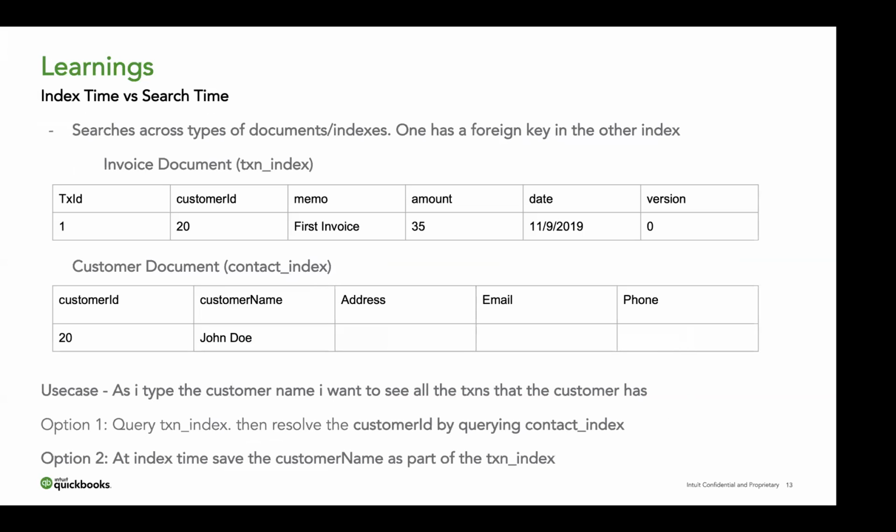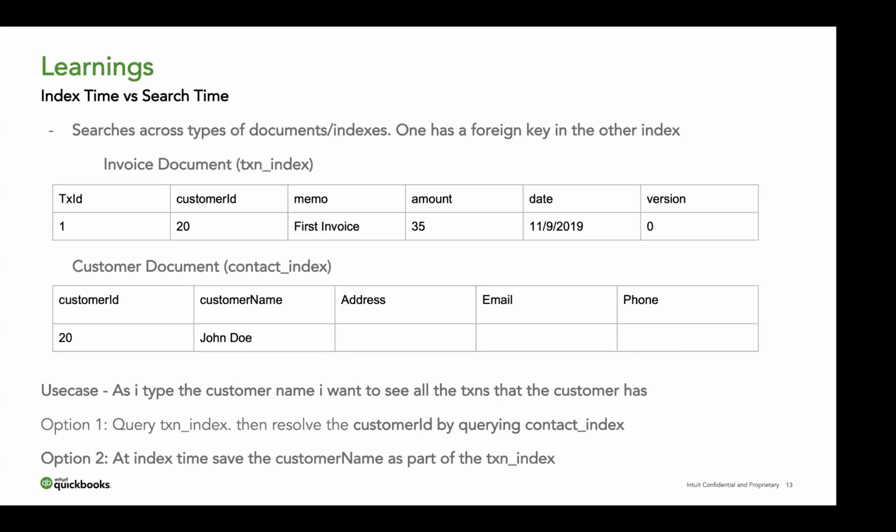The next one is to decide whether you want to solve something at index time versus search time. In this example, as you can see, there is an invoice which has a customer ID on it. And then there's a customer document, which is a separate document and which has a name called John Doe. Now, when the user starts typing for John Doe, they want to see the transaction or the invoice in this case that they have searched on.